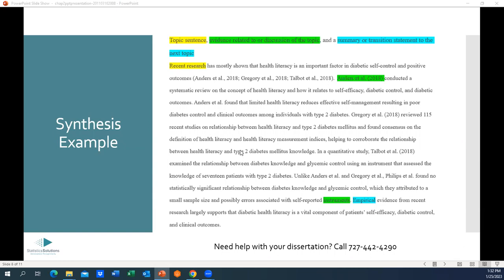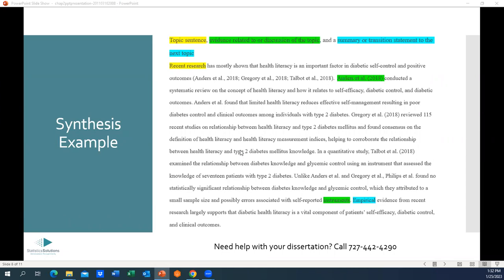If you get down near the end, it says, unlike Anders et al. and Gregory et al., Phillips et al. found no statistically significant relationship between diabetes knowledge and glycemic control, which they attributed to a small sample size and possibly errors associated with self-reported instruments. So there's a little bit of analysis thrown in there, right?